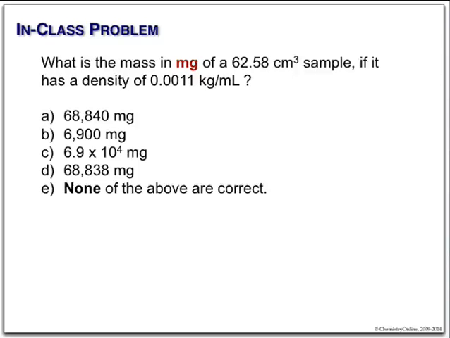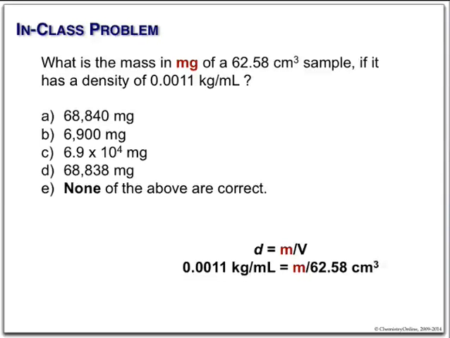All right. The way we approached this was to simply do our formula. We know that density is mass per unit volume. If we substitute in our things here, we have a density, we have a volume. Now remember, milliliters and cubic centimeters are the same thing.